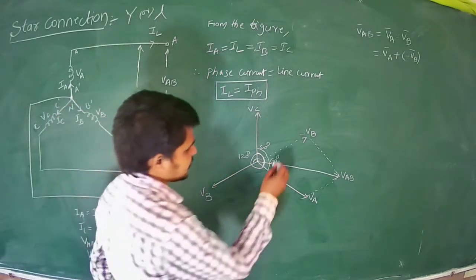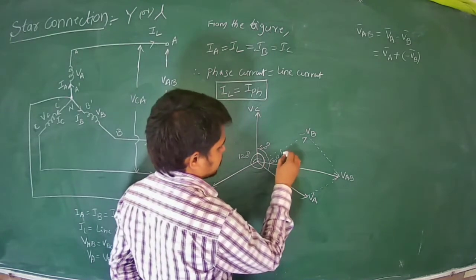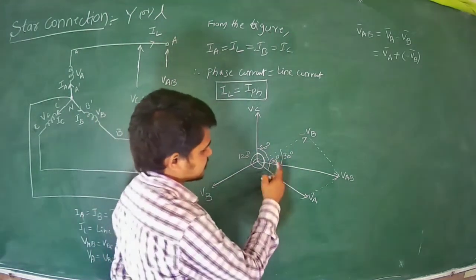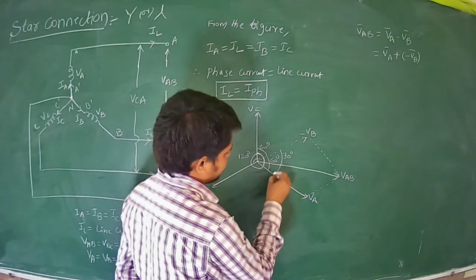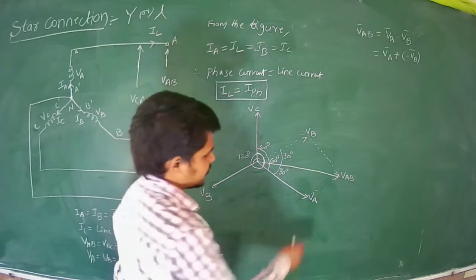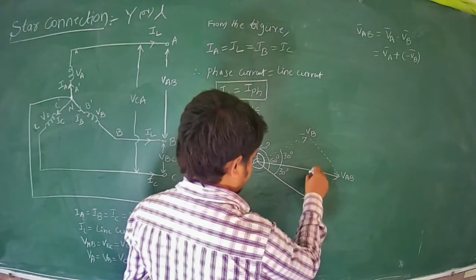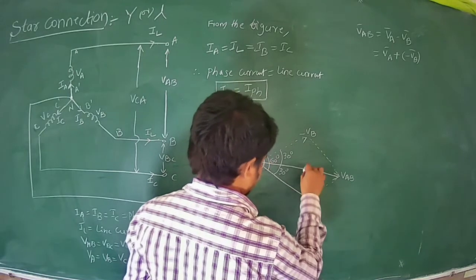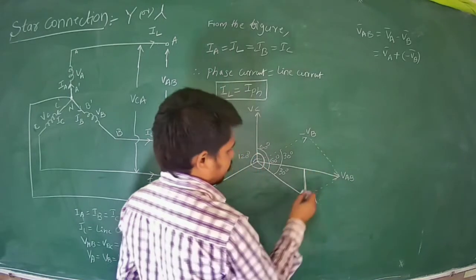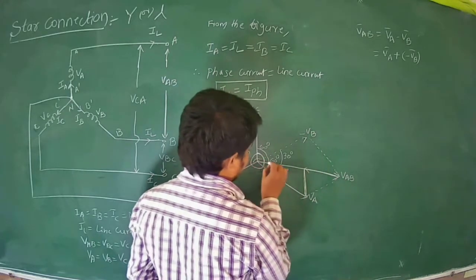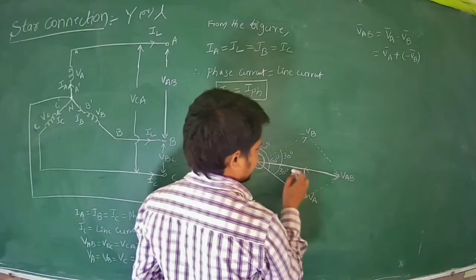Now this angle is how much? 30 degrees. The 60 is divided equally into halves, so 30 and 30. So this entire line is VAB.